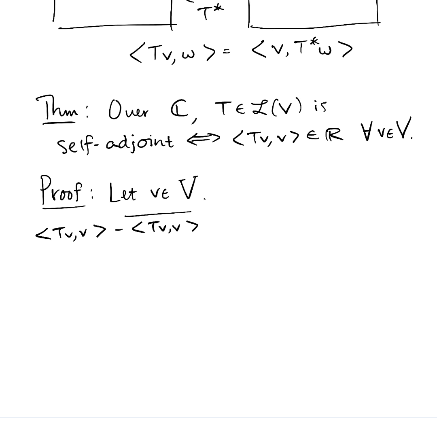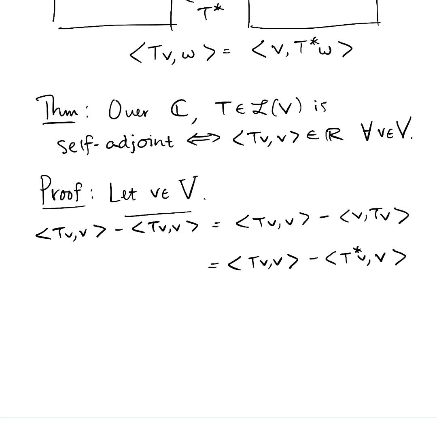Okay, well, this is an inner product space, and so we have conjugate symmetry. So this is really TV inner product V, take away V inner product TV by conjugate symmetry. Of course, that second inner product, by the very definition of the adjoint, is really T star V inner product V. Remember, that's how T and T star are related.